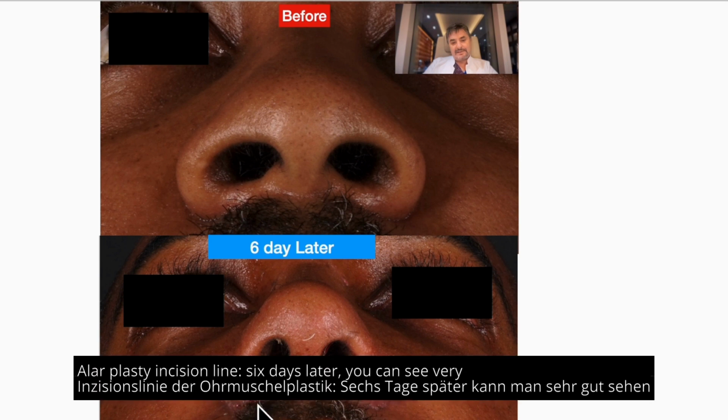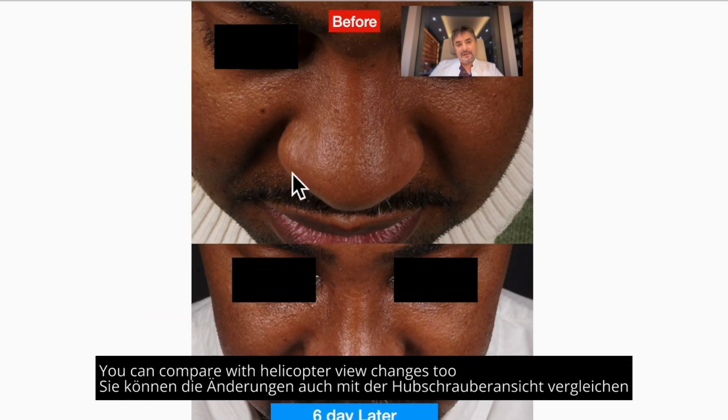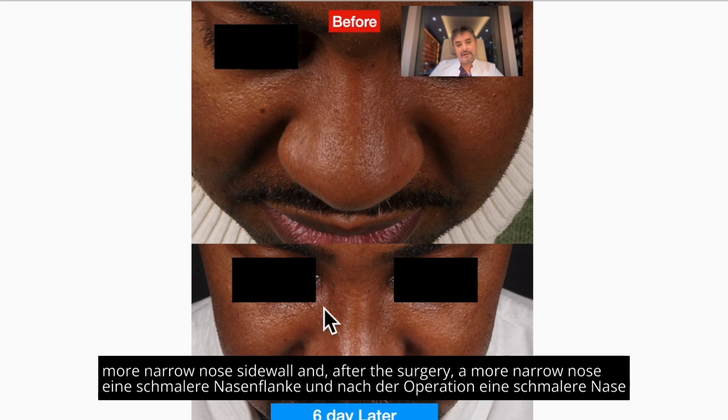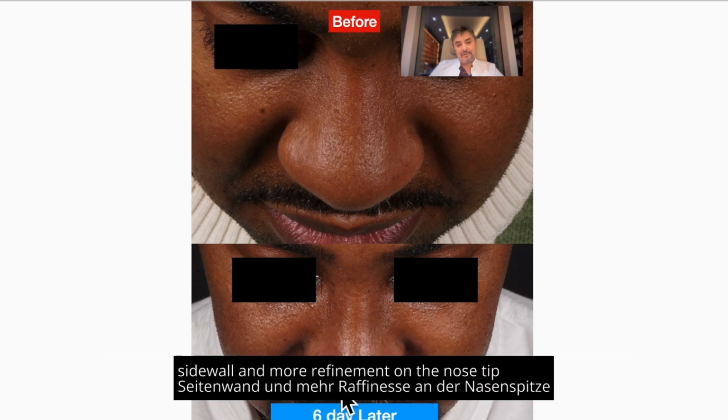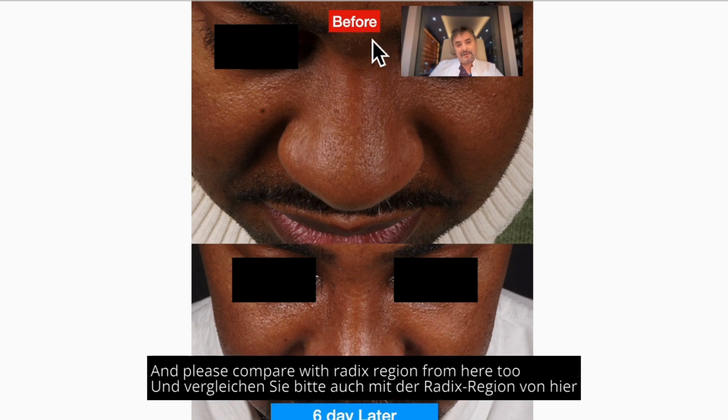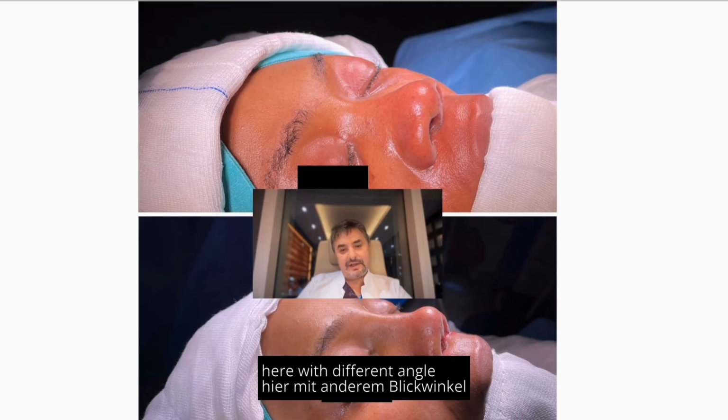Alar-plasty incision lines 6 days later. You can see very unnoticeable. You can compare with helicopter view changes, too much narrow nose side wall, and after the surgery more narrow nose side wall and more refined nose tip. And please compare the radix region from here with different angle.